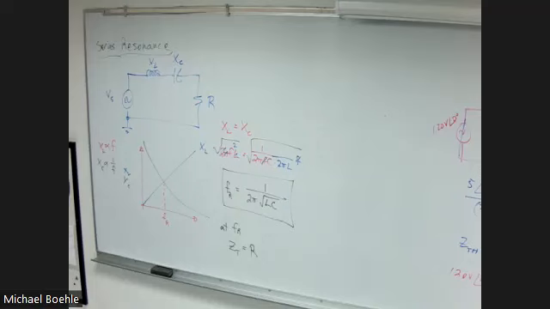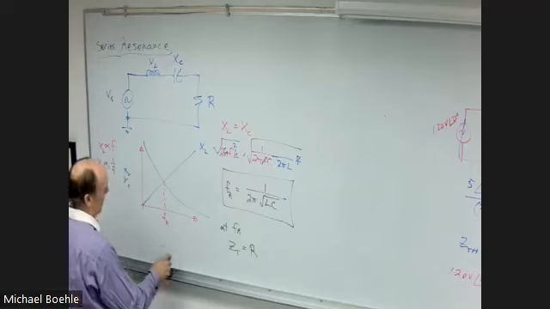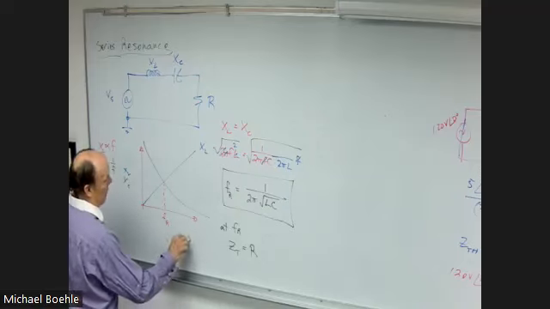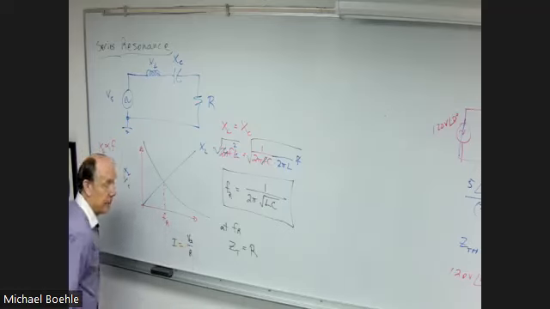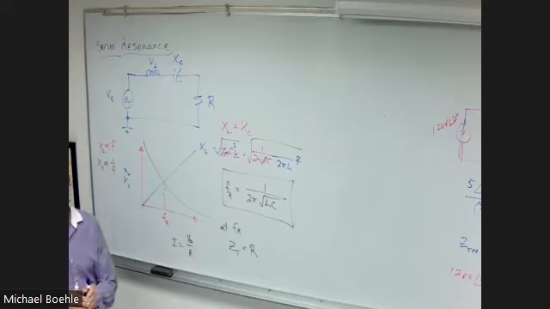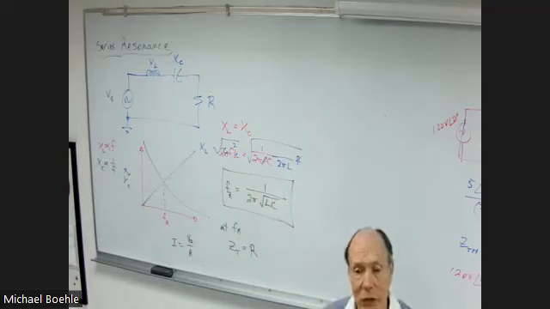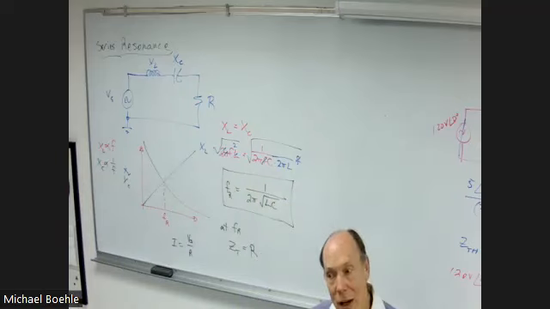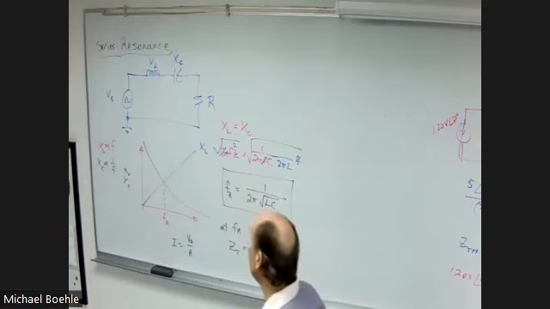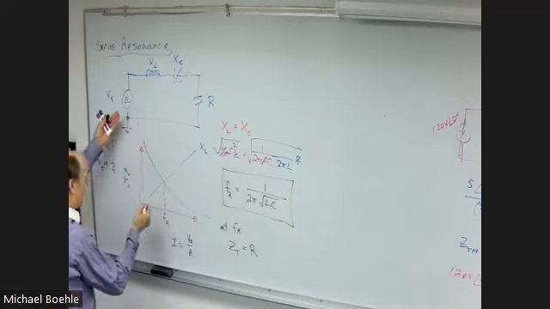What is my current? Well, my current will be the applied voltage divided by R. There will still be voltage across the capacitor and voltage across the inductor because they have reactance.